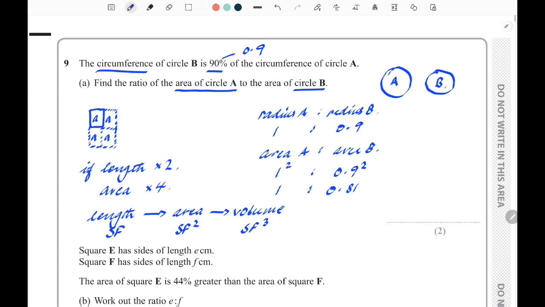So if you want to then express that in integer terms, like find whole numbers, multiply both sides by 100, so times 100, just for whole numbers, and that way you get 100 to 81 for a complete ratio. And I think you can leave it as 0.81 if you liked, or 81% or something like that. But please do get it in the right order. You want the A first and the B second. That's what the question is asking for.